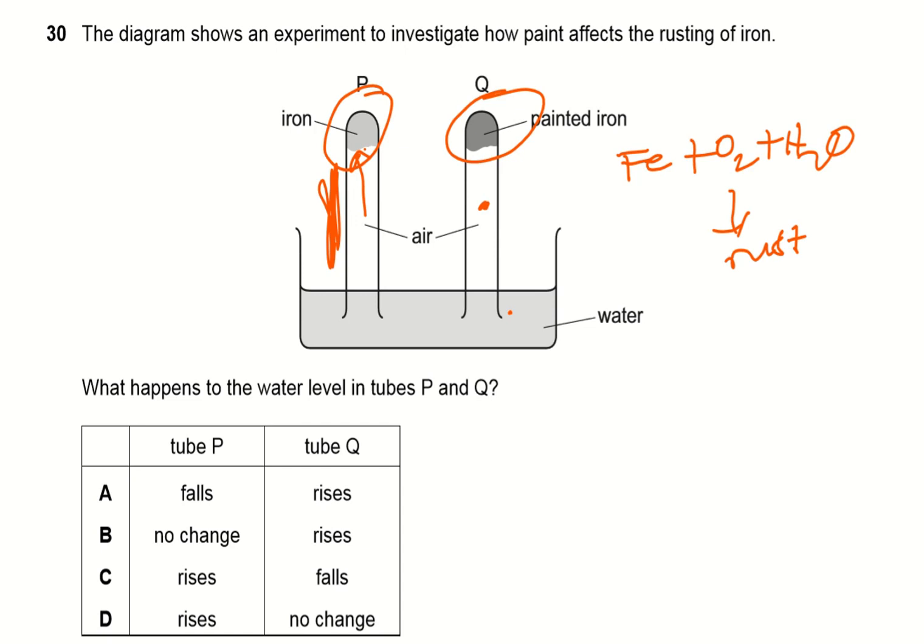When the pressure reduces, we would expect water to flow in, to rise in the tube. So in tube P, we would expect that the level of water will rise, while here the level of water will be maintained. So the correct answer here is D.